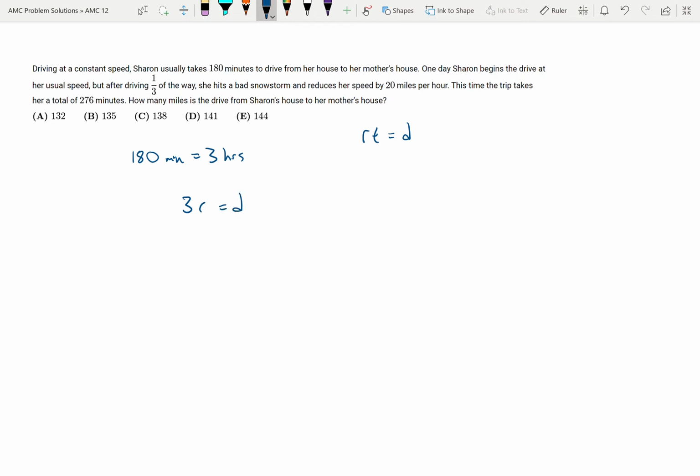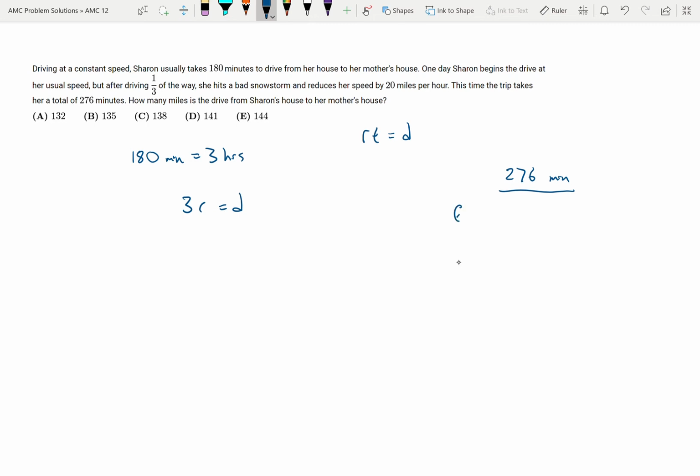Now I'm going to consider her reducing her speed. So with that, it took her a total of 276 minutes. So after driving a third of the way of 180 minutes, she'll have driven 60 minutes by that point.